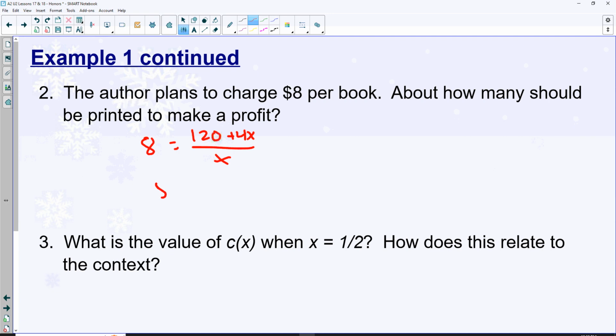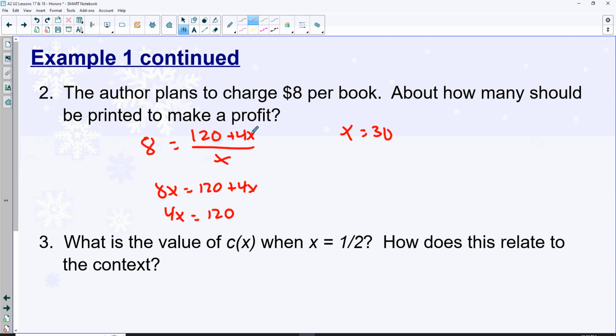And so we get 8x equals 120 plus 4x. Subtract 4x from both sides, and so x equals 120 over 4. x equals 30. Okay. But really, we want to be able to print more now.